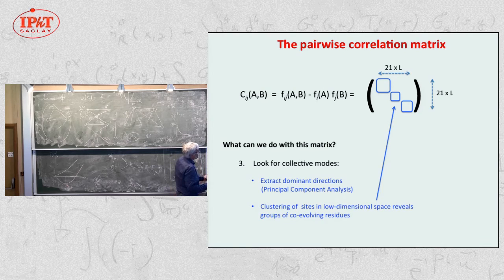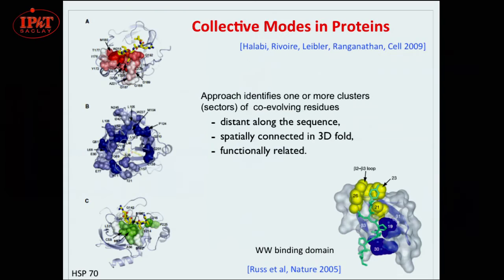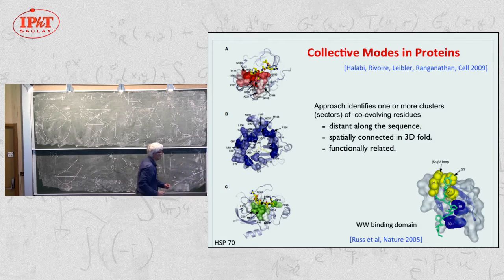The idea is very simple: you get a bunch of data, you can compute the covariance matrix and then do PCA and find specific directions which matter more than others and do dimensional reduction. When you are in this low dimensional space, maybe you find clusters of sites which are very strongly co-evolving together. This approach was pursued by many people, but especially by Rama Ranganathan and Stan Leibler and collaborators.